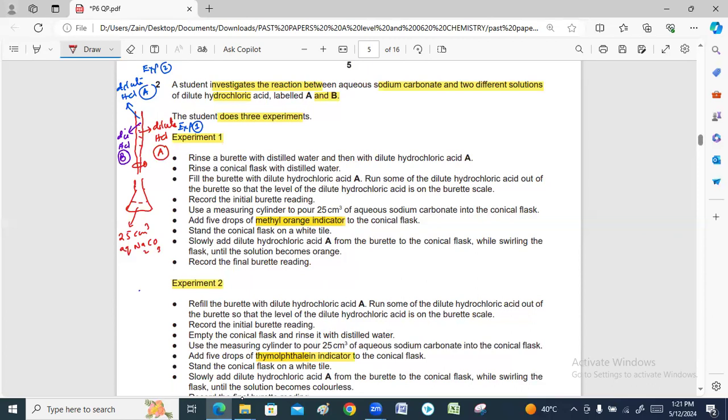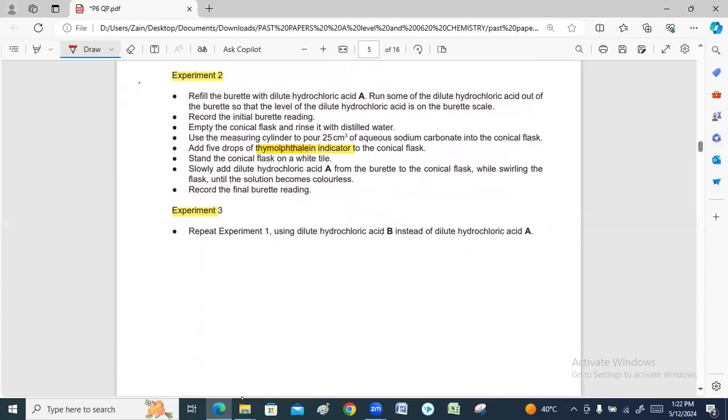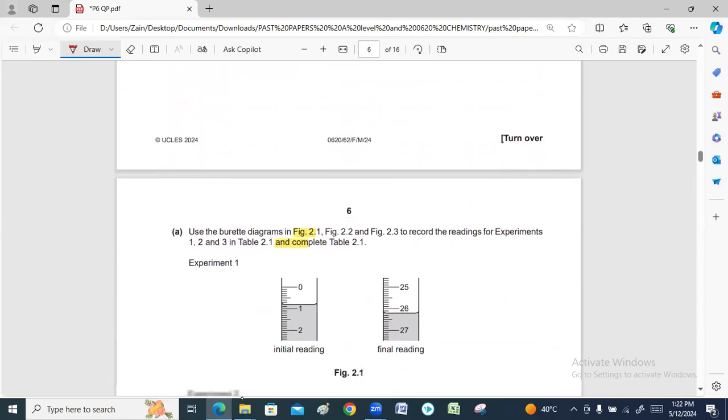In experiment three, we're using dilute hydrochloric acid B, whereas in experiments one and two, dilute hydrochloric acid A is used, and the conical flask contains 25 centimeter cube of aqueous sodium carbonate. And we're using different indicators as well in experiments one and two.